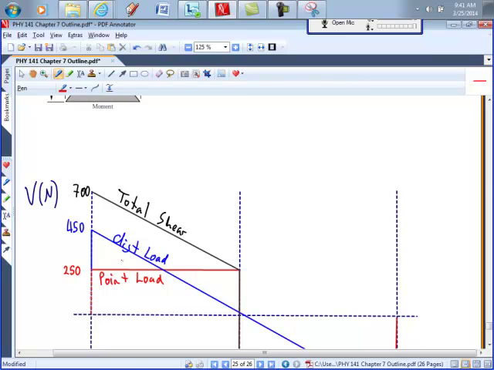All right, so our shear diagram is going to be this trapezoid on the left and then a mirror image of that trapezoid on the right. So we're just trying to shade that in lightly.